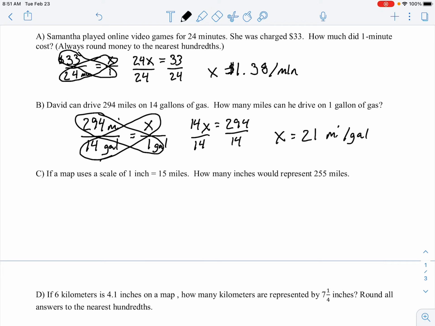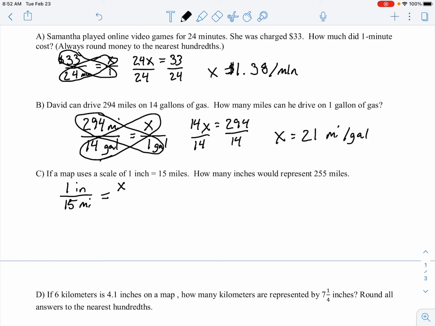All right. So here's an example of our scale factoring here. If a map uses a scale of 1 inch to 15 miles, we're just going to write that ratio down like we see it. 1 inch, here, let me write that so it doesn't look like 11 something. 1 inch is the same as 15 miles in our scale.